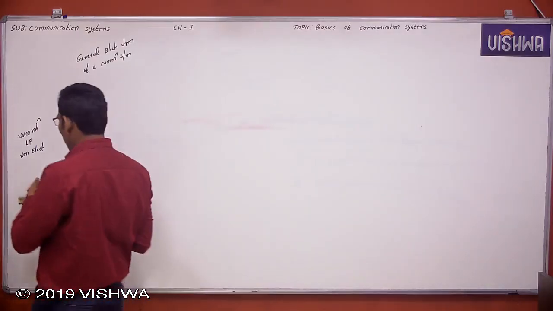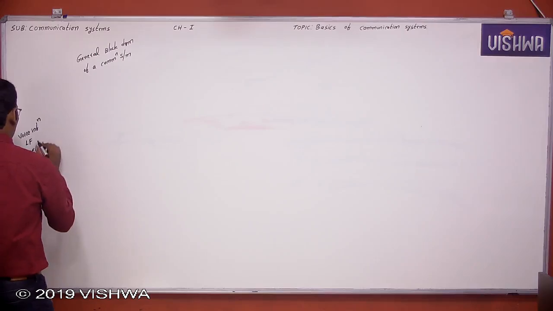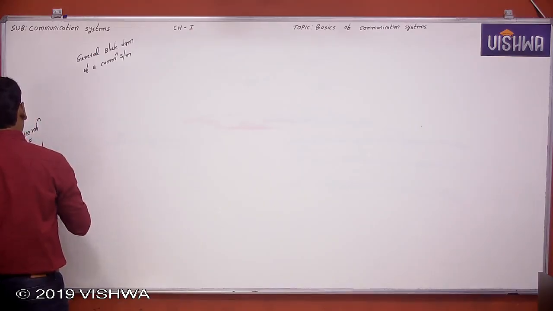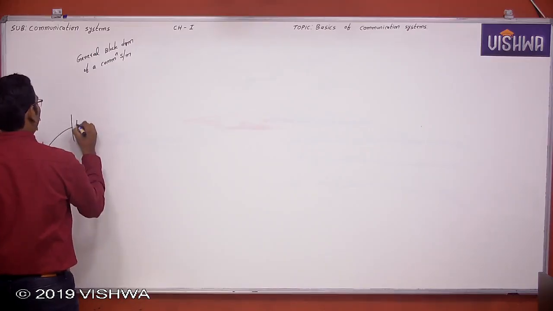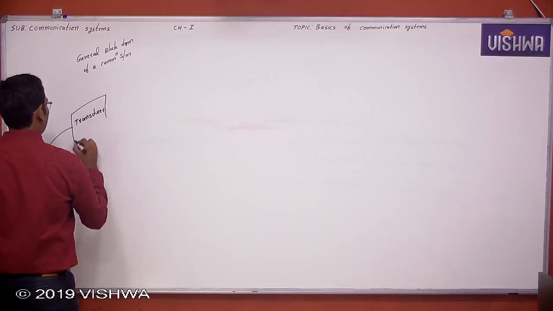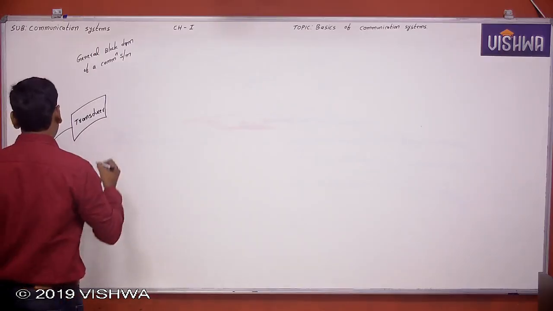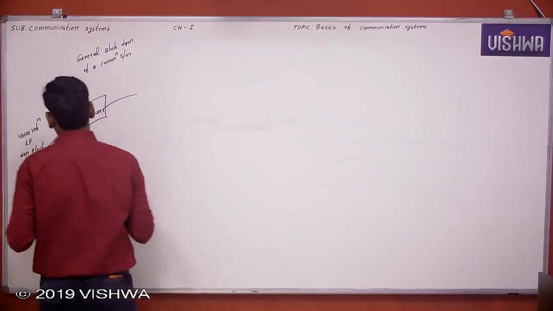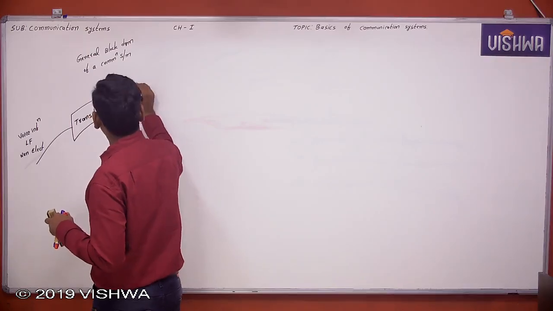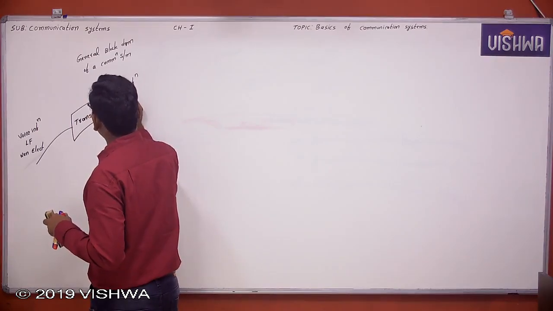So first, this non-electrical variation will be converted to electrical variation. Therefore the first block is a transducer, which converts a non-electrical variation to electrical variation. This is the voice information, low frequency in nature, but now an electrical variation.